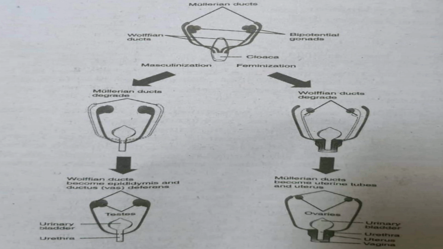After that, Wolffian ducts become the epididymis and vas deferens, while Mullerian ducts become uterine tubes and uterus. Down to testes, urinary bladder and urethra, while Mullerian ducts go down to ovaries, urinary bladder, urethra, uterus, and vagina.